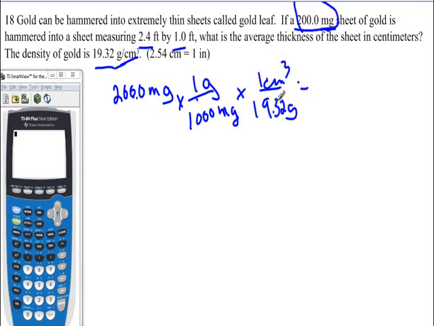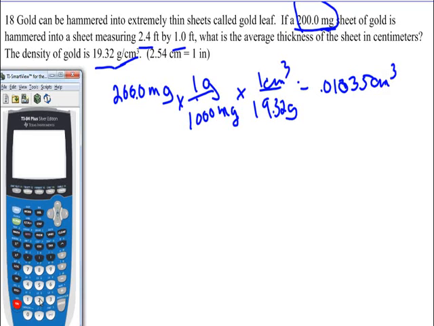So if I plug this in, I get that there are 0.01035 centimeters cubed. Let's just punch that to make sure everybody's good with how to do that.